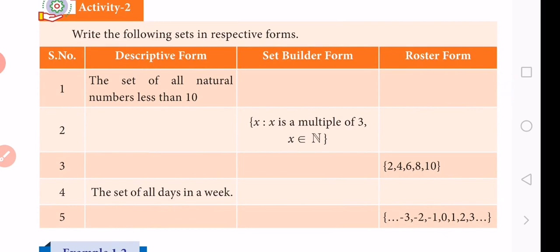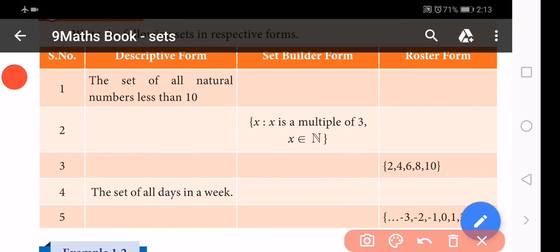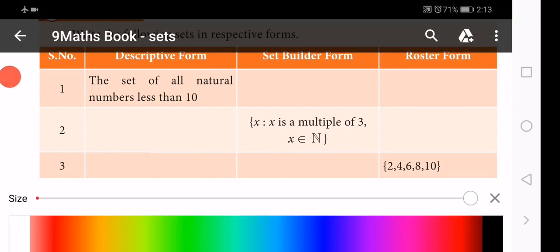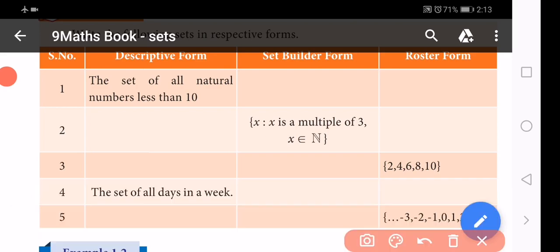Already we gave the homework in our last class. The first one, the set of all natural numbers less than 10. It is in the descriptive form. This sentence can be changed into set builder form and roster form.